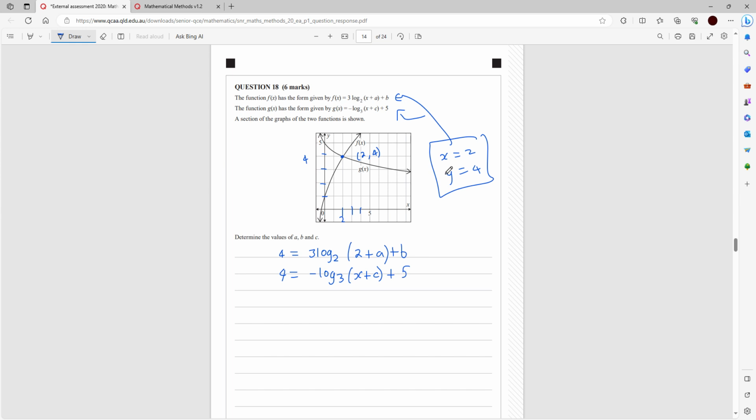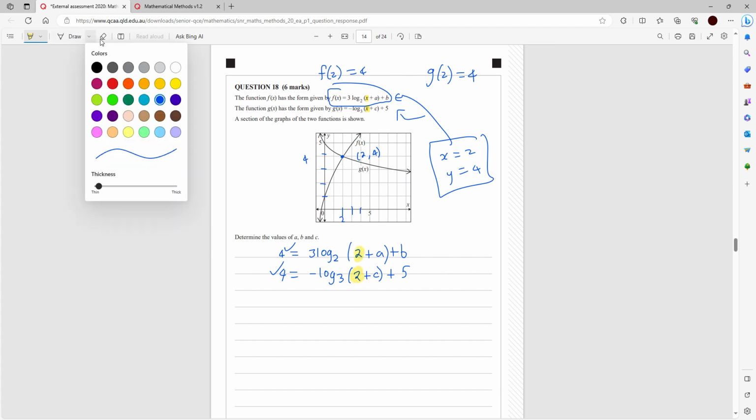What I did there is I substituted x equals 2 in. I know f of 2 will be 4, and I know g of 2 will also be 4, so I replaced those with the 4s. And then I replaced the x, that's not meant to be x, sorry, that's meant to be 2. So all I did was replace the x's, as seen here, with the corresponding 2's.